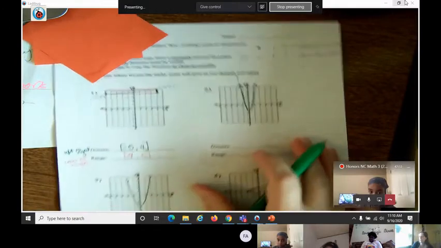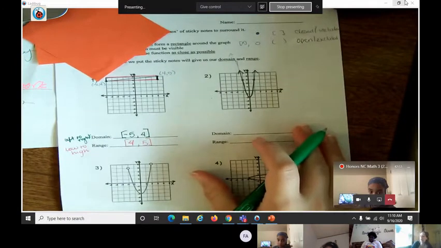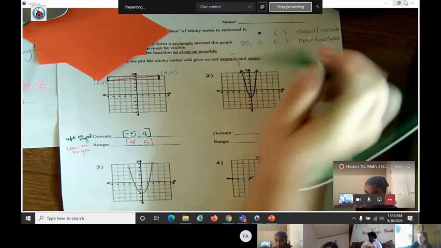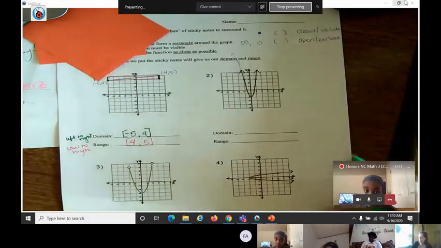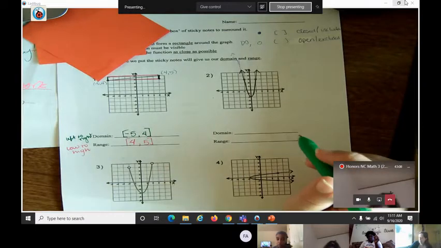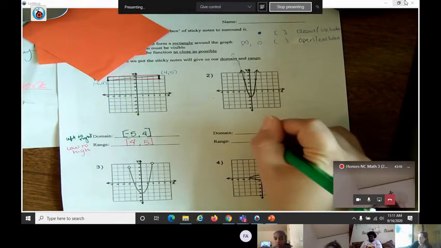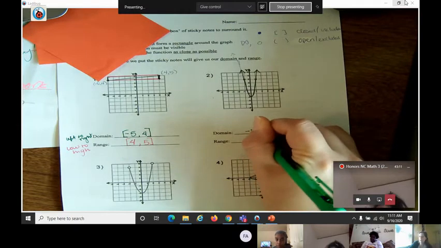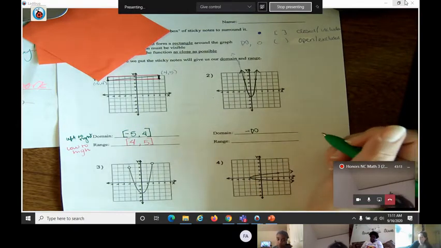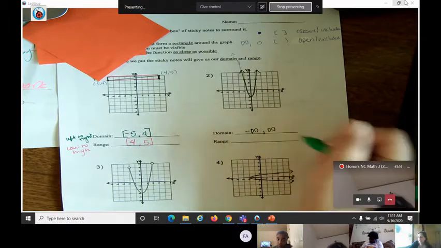So what symbol represents being able to go all the way to the left and all the way to the right? Anybody? Is it infinity? Yeah, it's the infinities. So all the way to the left means I can reach negative infinity. All the way to the right means I reach positive infinity.